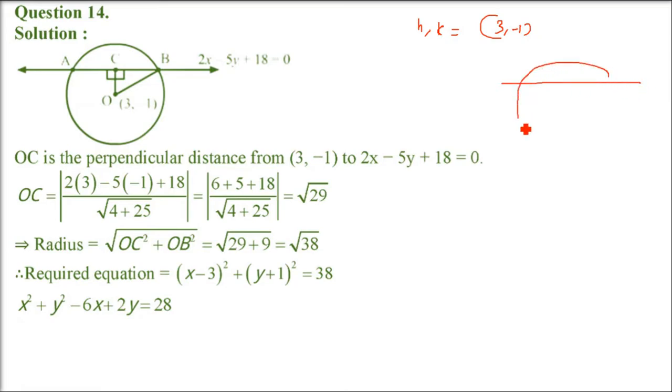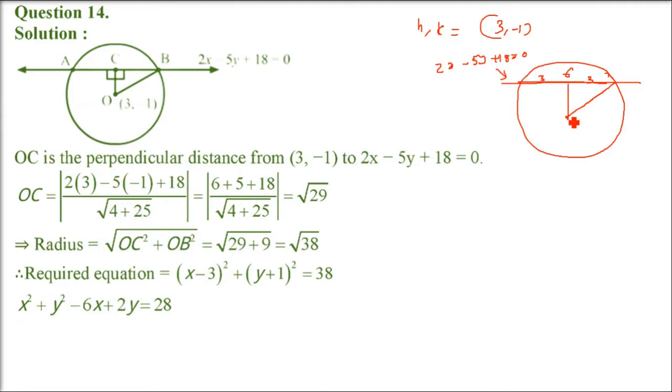So you need to recall all the equations we talked about while dealing with chords. This is the chord, and the length is 6. When we drop a perpendicular from the center to the chord, it divides the chord into two parts, so it will be 3, 3. The equation of the line is 2x minus 5y plus 18 equals 0.